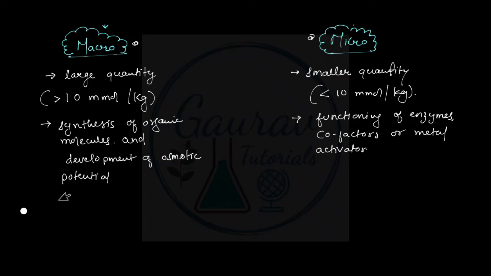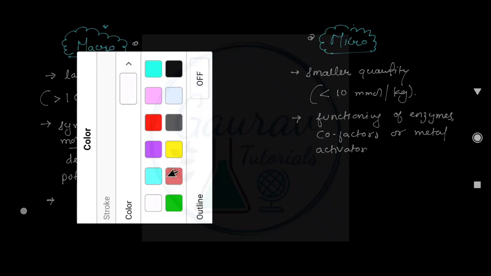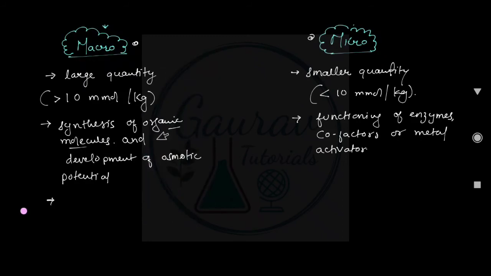Some examples of this could be taken as follows. Since we are talking about the substances which are required for synthesis of organic molecules, I could have examples of carbon, hydrogen, oxygen, nitrogen. Then I can also take phosphorus, potassium, sulfur and calcium, along with some part of magnesium and iron.